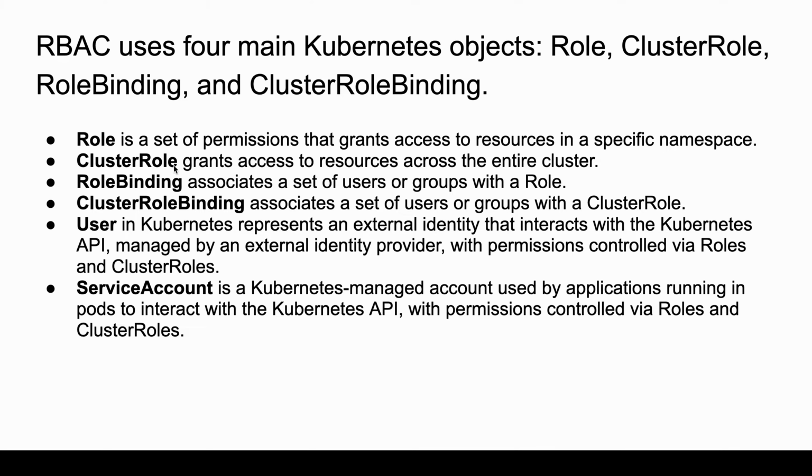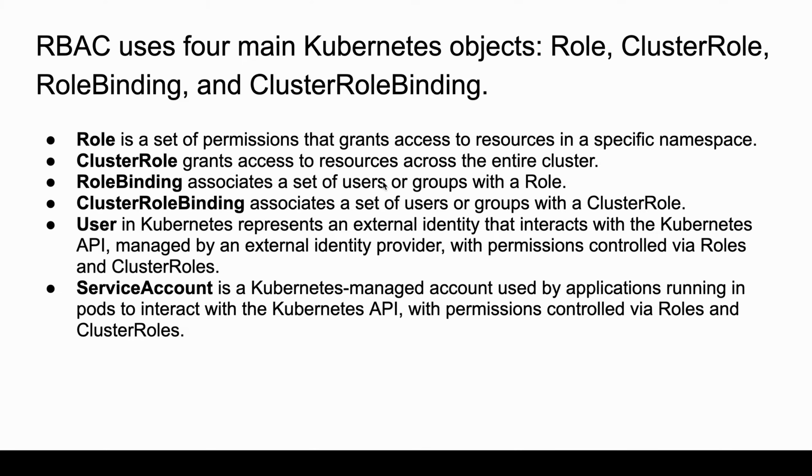After this, we have ClusterRole. A ClusterRole grants access to resources across the entire cluster. So Role is namespace dependent and ClusterRole is namespace independent, sorry, and a ClusterRole can grant access to any resources apart from the namespace.